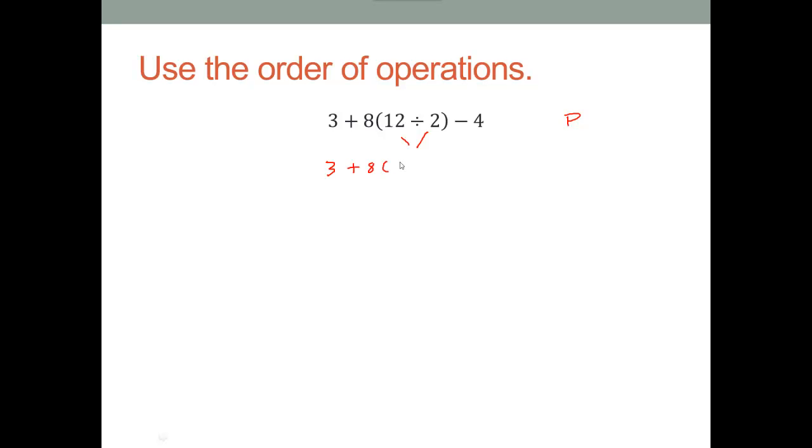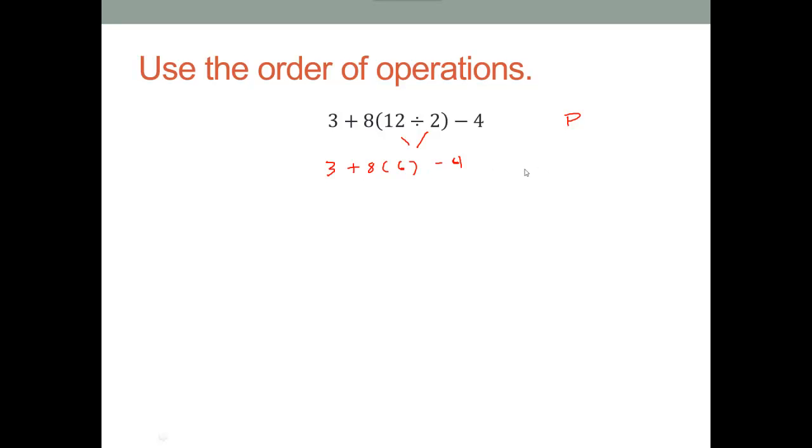Now I'm going to keep this parentheses here because I had the 8 directly outside of it with no symbol in between the 8 and the parentheses. That tells me that I'm going to have to multiply 8 times whatever I get after I simplify 12 divided by 2, 6.